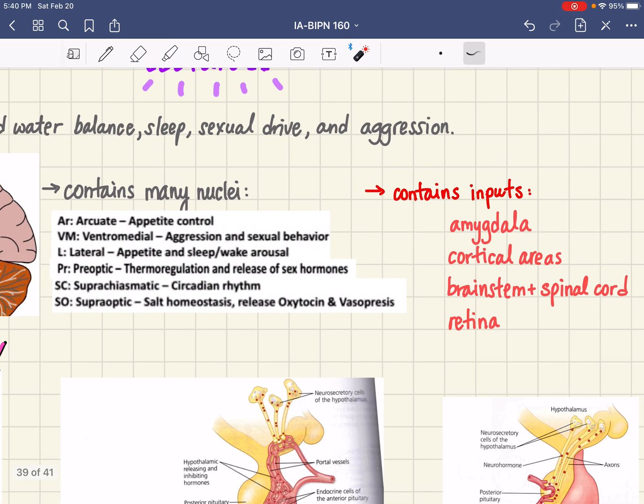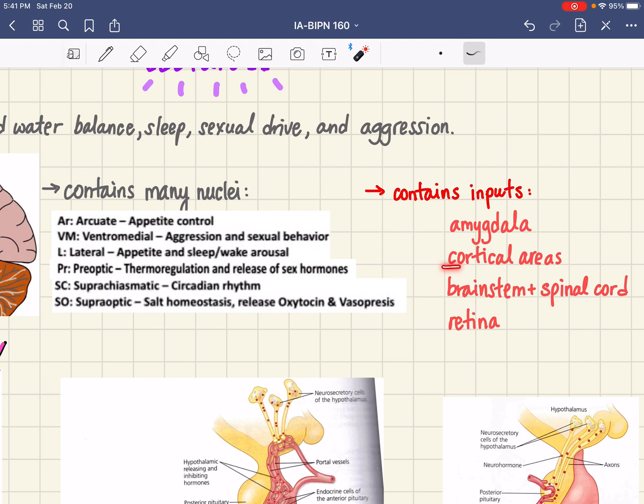The hypothalamus also has many inputs from different areas of the brain. It's very interactive. So it has inputs from the amygdala. The amygdala is involved in a lot of homeostatic functions.